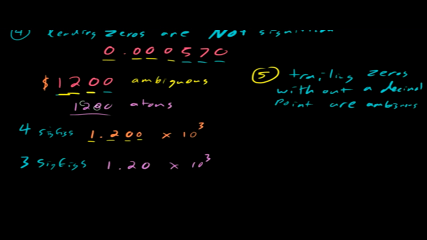So hopefully you can see, and again, it's good to show yourself that if you were going to multiply these out, these would both look exactly the same. So you wouldn't be able to tell which had 3 significant figures and which had 4 based on this information. The only real way to tell is when you write it with scientific notation.